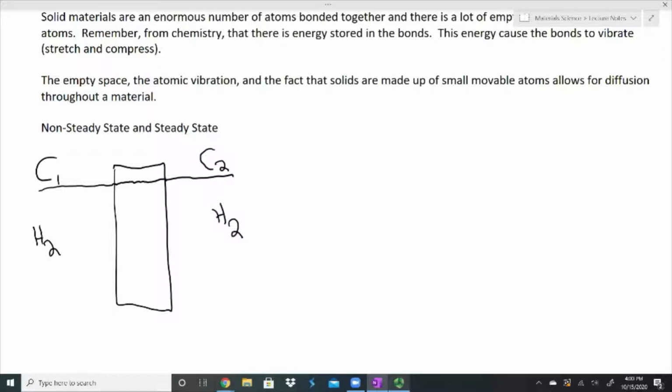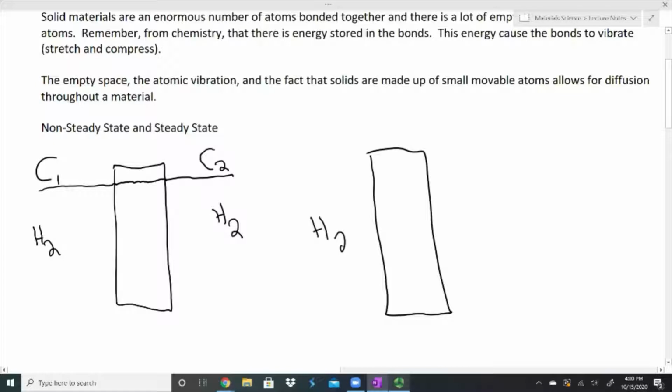We could have a picture where, again, I have some material. We'll use hydrogen again, and I have some concentration over here. But let's say on the other side now, I have a low concentration. The question here is, what's going to happen?